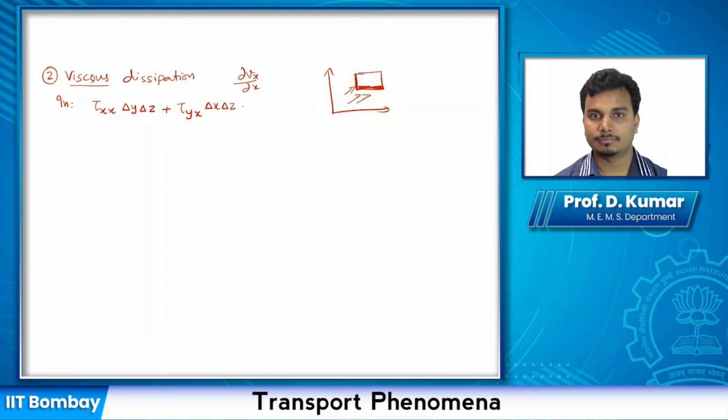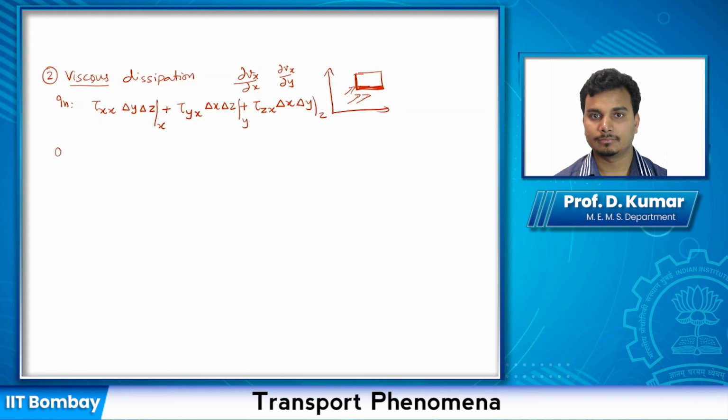Now if you extrapolate it, tau yx is momentum transfer in the y direction because of velocity in the x direction. Okay, so tau yx, if you recall, goes with del vx by del y. Similarly you will have tau zx, again del vx by del z, and this will be delta x delta y. Okay, and again you can do x, y and z.